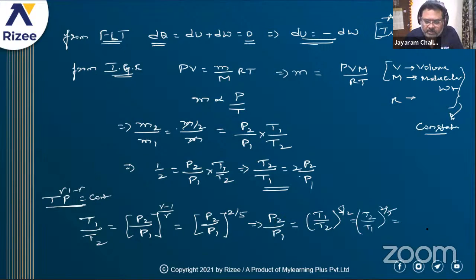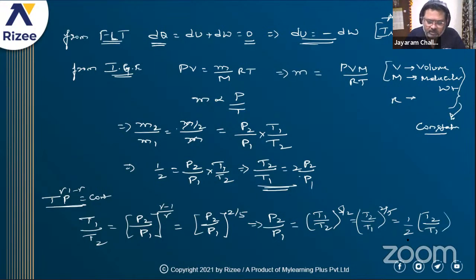And just replace these two things here. So P2 by P1 can be replaced with 1 by 2 times, that is T2 by T1.